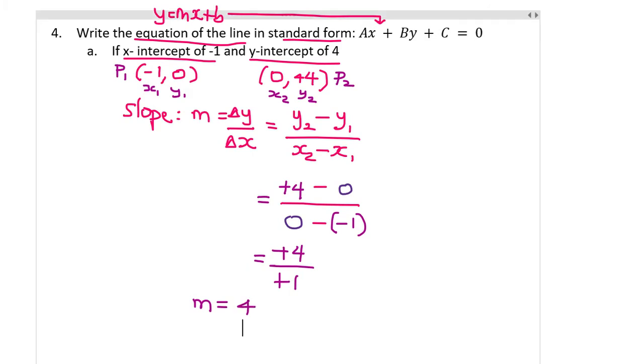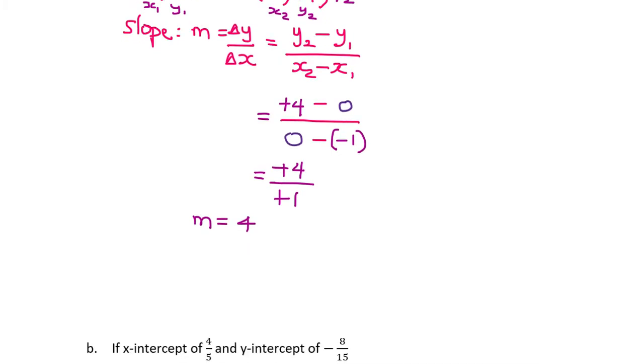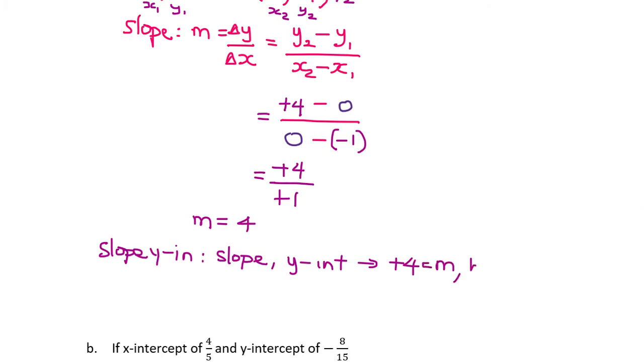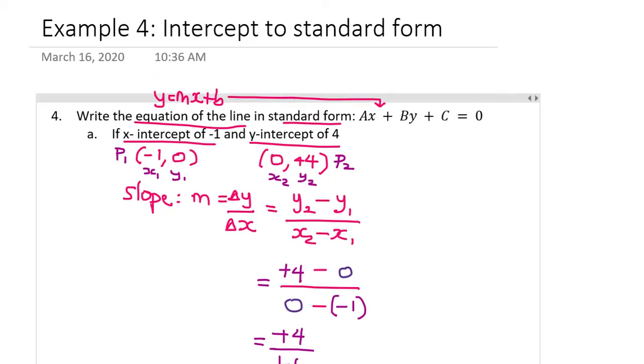So take note that to determine our slope y-intercept equation, we need our slope and we need our y-intercept. In this case our slope is +4, which is equal to m, and our y-intercept, which represents our b, is what is given in this question, y-intercept equal to 4.